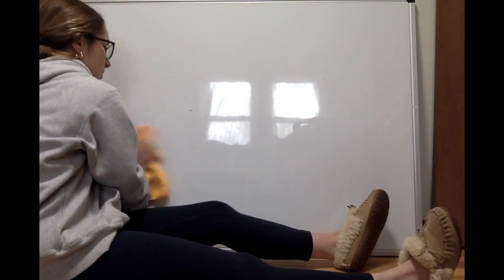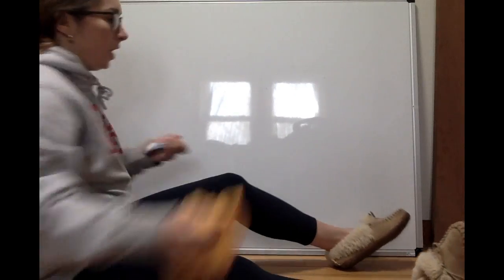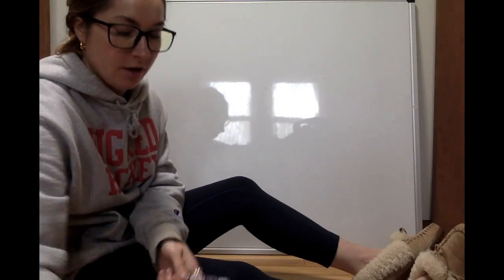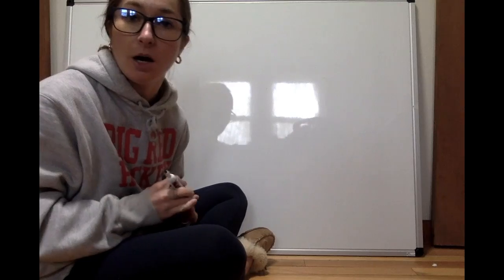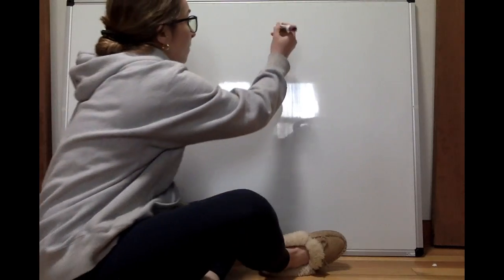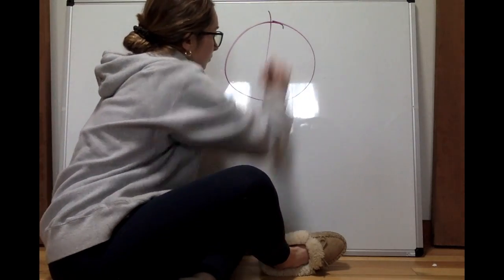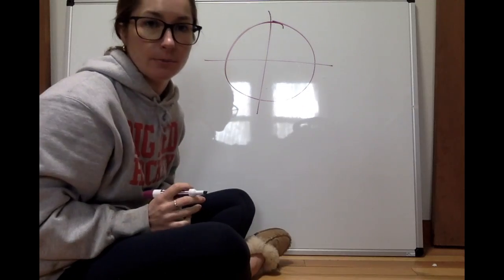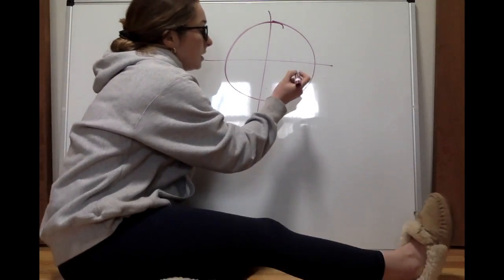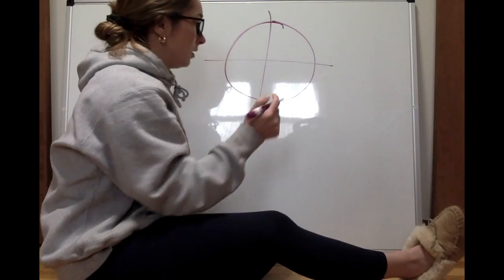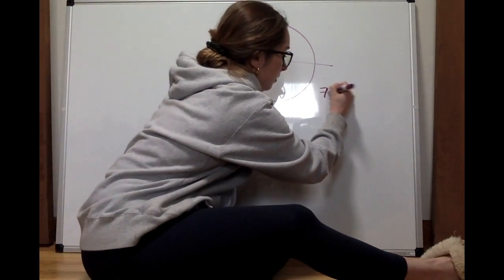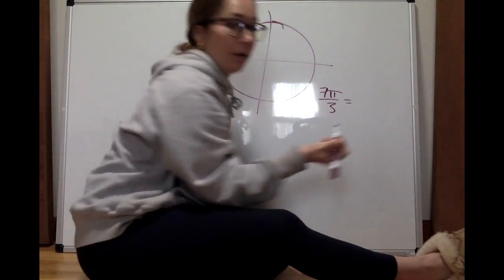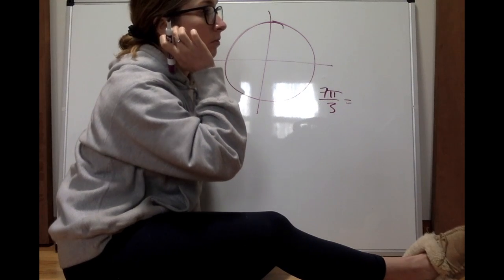So one of the examples was if we're looking for the cosine of 7 pi over 3. So here's my rough unit circle. 7 pi over 3 is actually, we can rewrite this, yes?